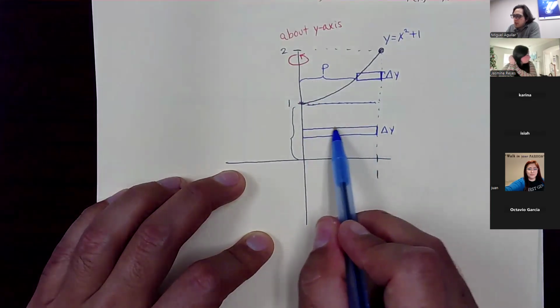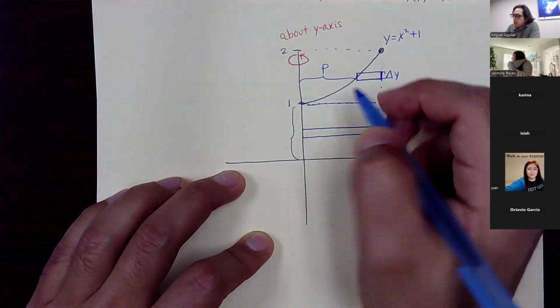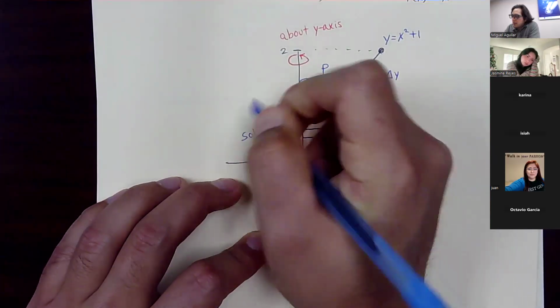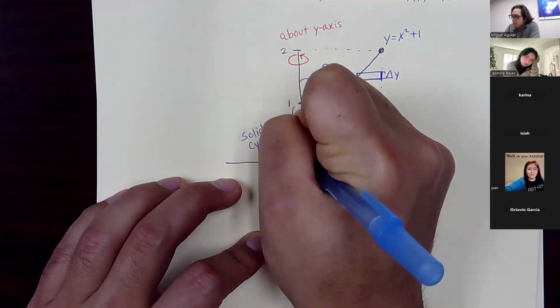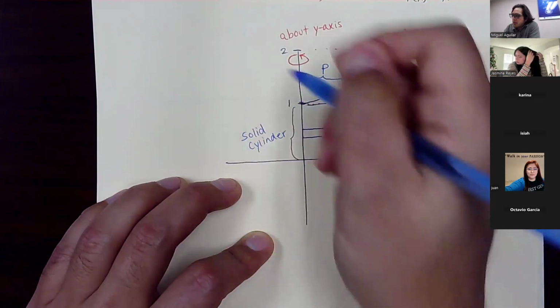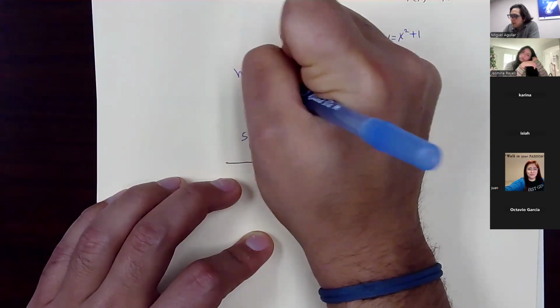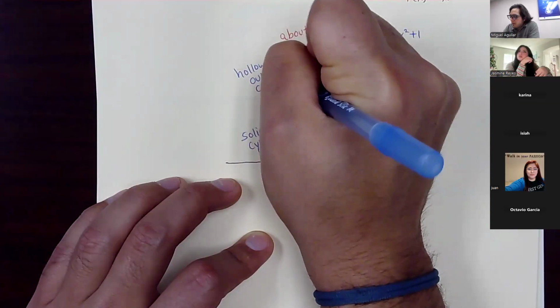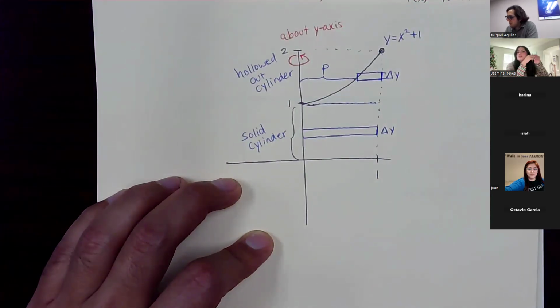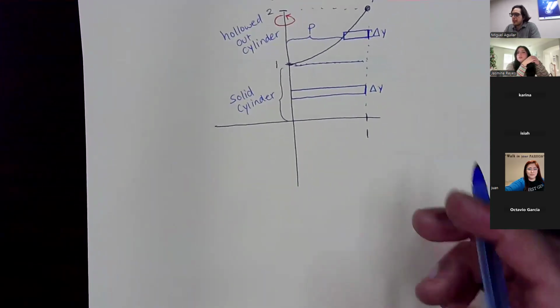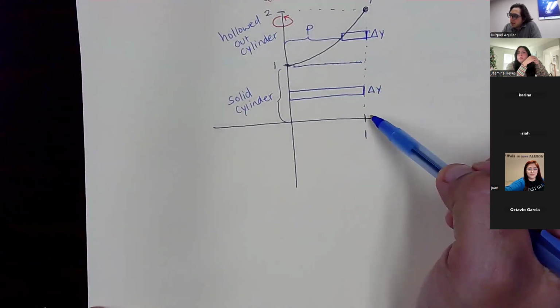This just extends all the way to the y-axis. So you could think of this lower portion as being a solid cylinder, and then this one up here would be a hollowed out cylinder. So, is this the way that we want to integrate it?